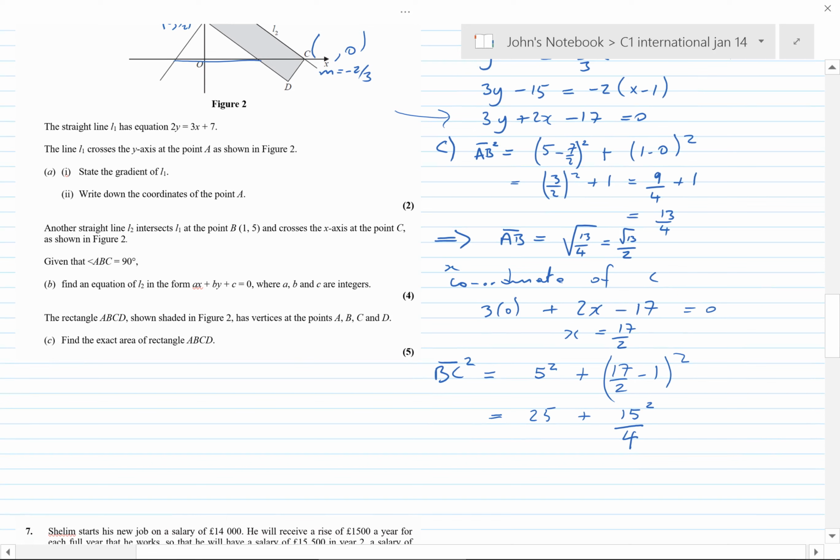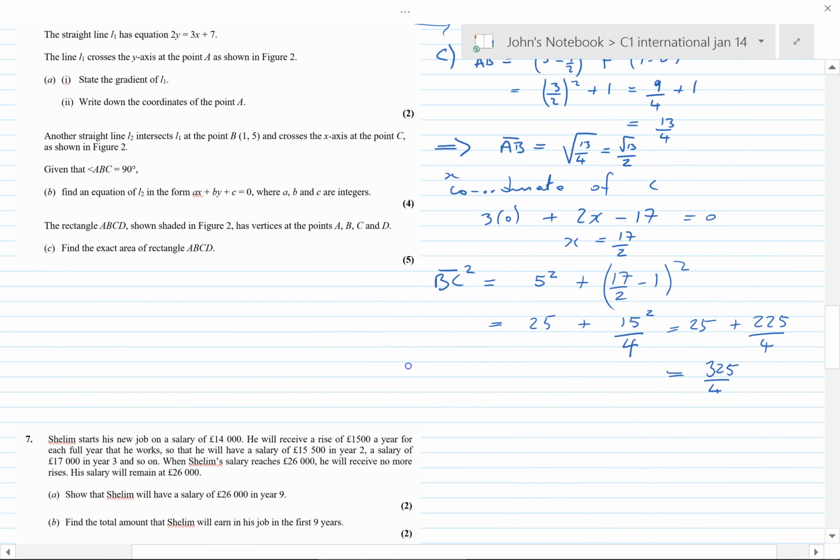So that 15 squared over 4, so that will be equal to 25 plus 225 over 4. Oh no, I put over a common denominator there earlier, getting ahead of myself. So that's 25 over 4. And that makes it 325 over 4.